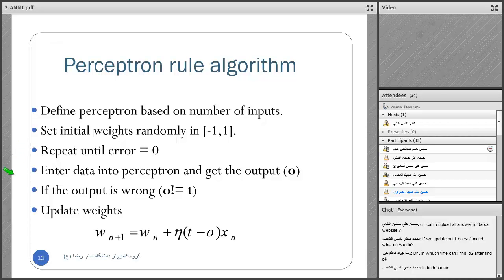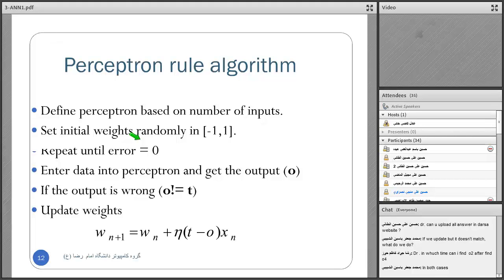And in this loop, we are entering the data into the perceptron. And we get the output, we compare it with the target, and then we update. So we are updating the weights when we have errors. But if we updated the weights, this is a loop. It means that it will repeat until we get this condition. The condition says error 0. It means that for all of the training data, we don't have any errors.